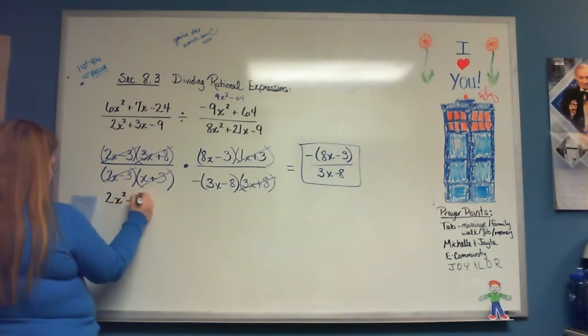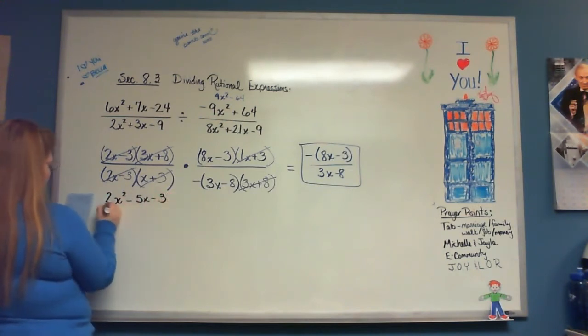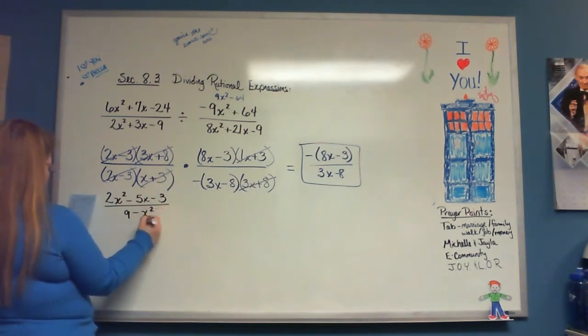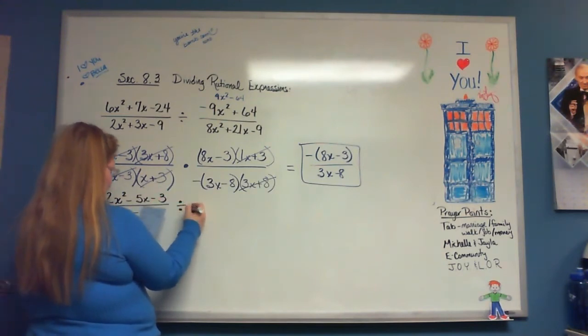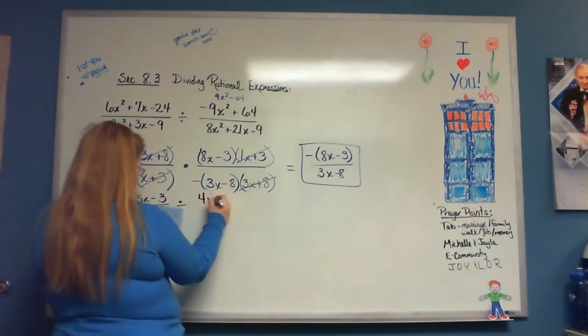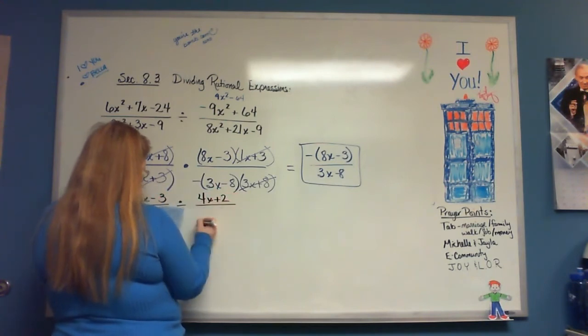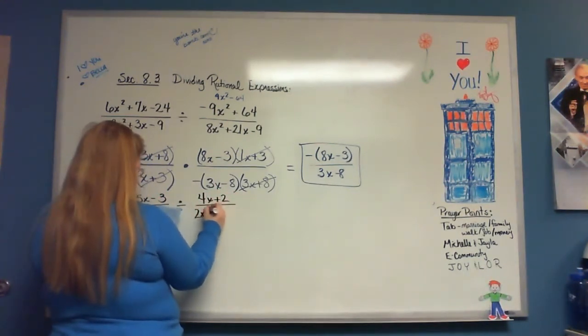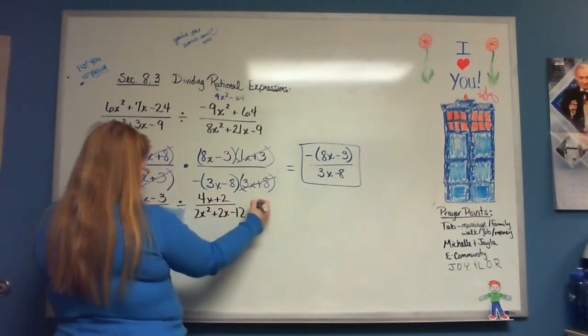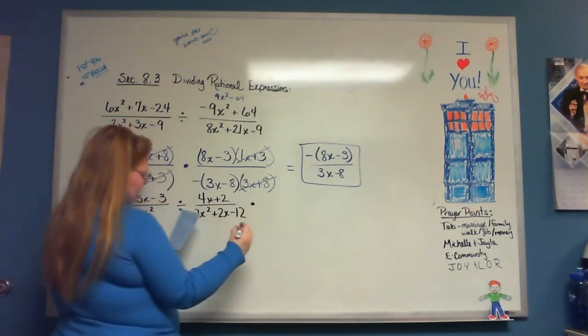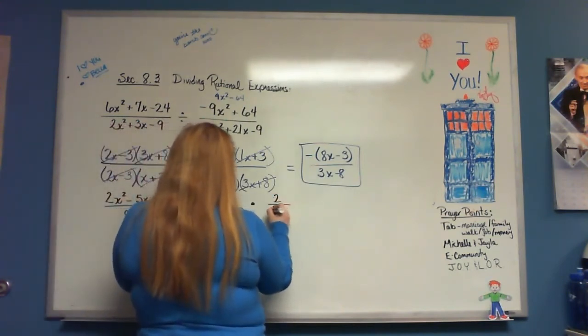Two x squared minus 5x minus 3 over 9 minus x squared, divided by 4x plus 2 over 2x squared plus 2x minus 12, times 2 over x minus 2.